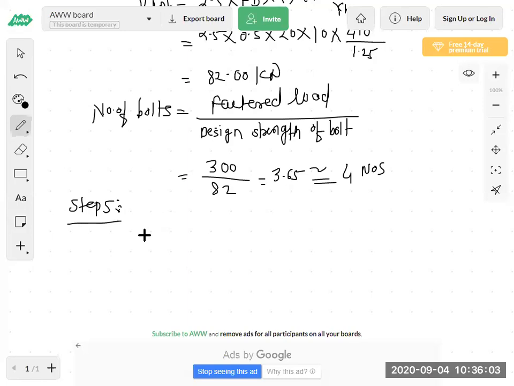That R minimum is required in the calculation of slenderness ratio. So here we will first calculate the moment of inertia.